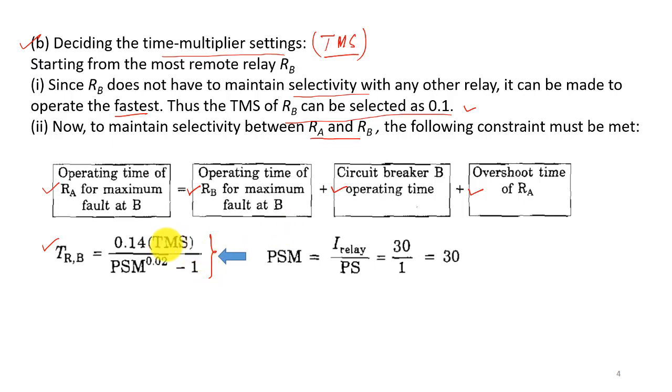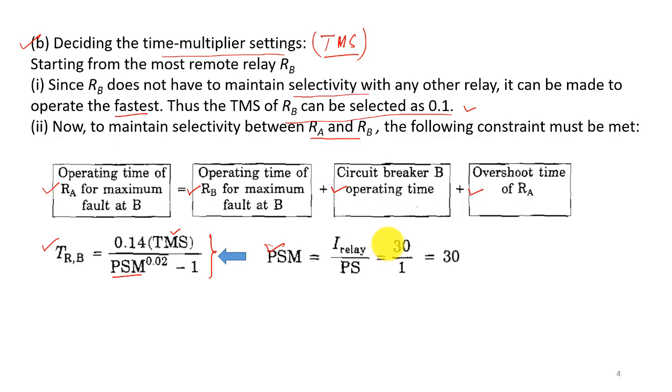Now, I know TMS is 0.1 for RB, and PSM I need to find. So how will I find PSM? If I know the maximum fault current, I can find the PSM. Your maximum fault current at bus B is 3000 ampere.